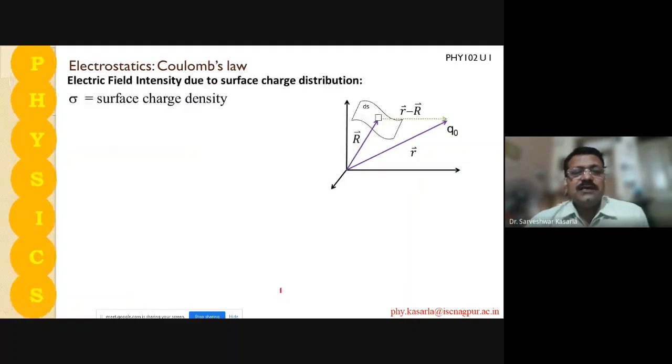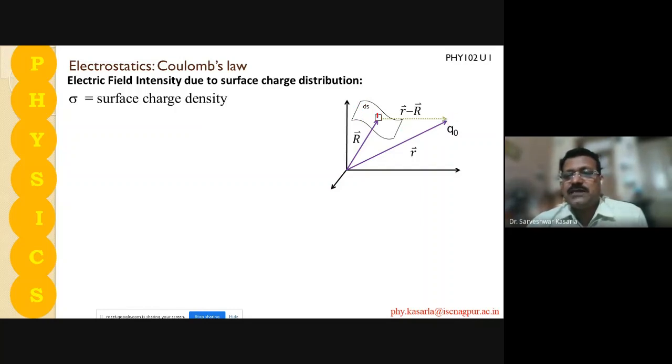Next, we see the surface charge distribution. There is a surface area where charge is distributed, and here one has to find the intensity.